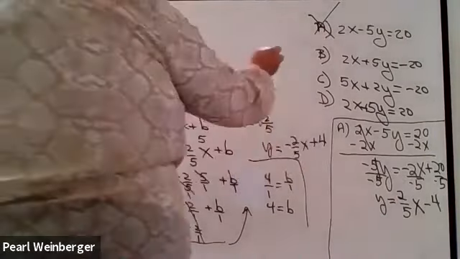Well, I know the slope of the original line that we found is -4.